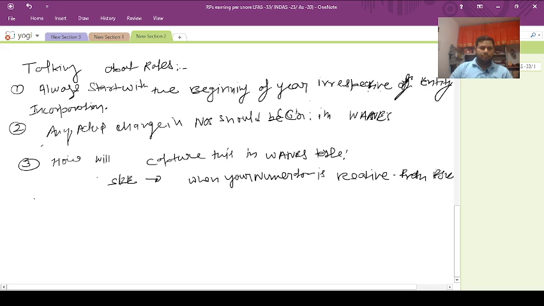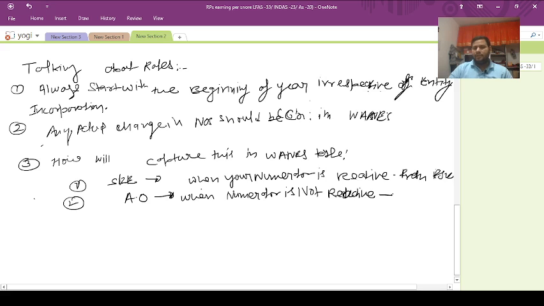This was the first; the second one is AO, adjustment to opening balance. We do this when the numerator is not reactive, that is a split of shares and a bonus share.